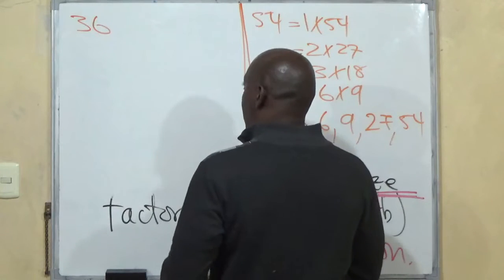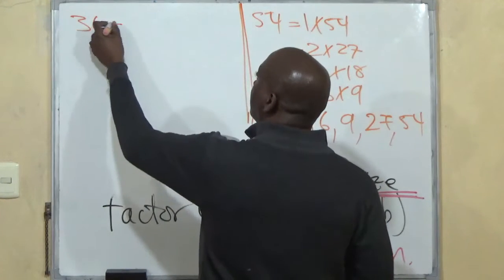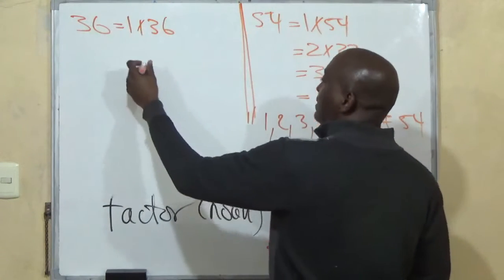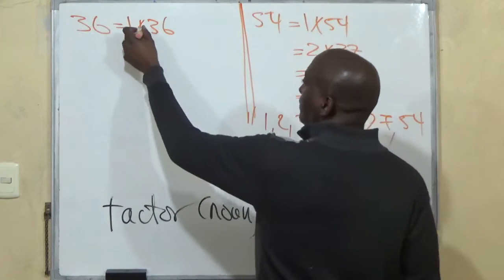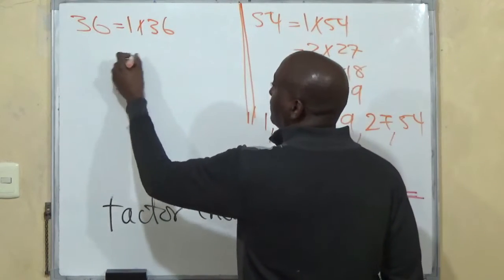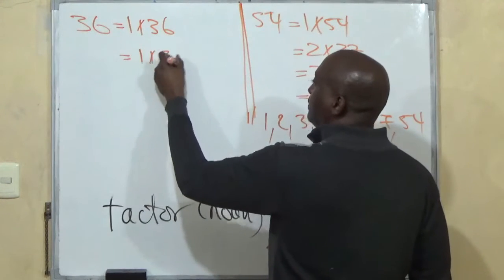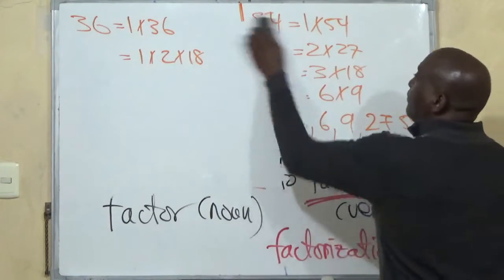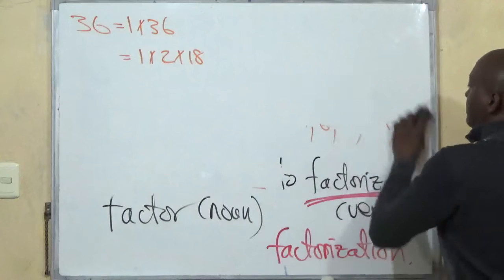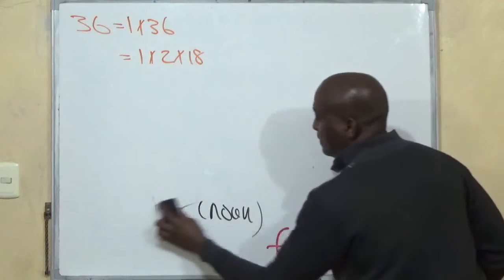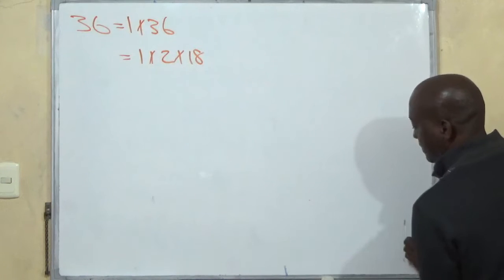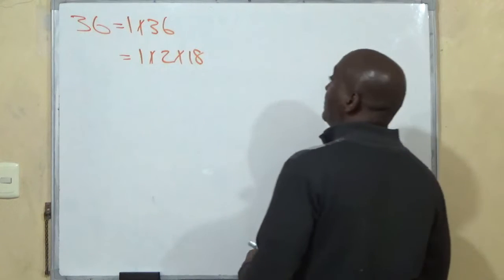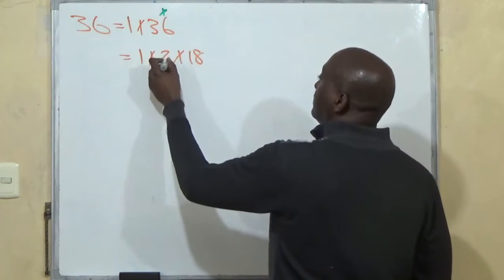But the number 36 itself, well, 1 by 36, and we know that 36 is 2 by 18. So in place of 36, we could put 1 by 2 by 18. See? So we replace the number 36 here with 2 by 18.